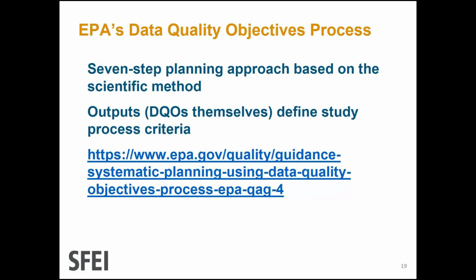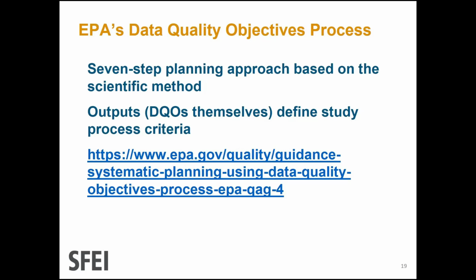So I thought it would be useful to share an EPA resource for study design that many of you may not be aware of. So this is the Data Quality Objectives Process, or DQO's process.